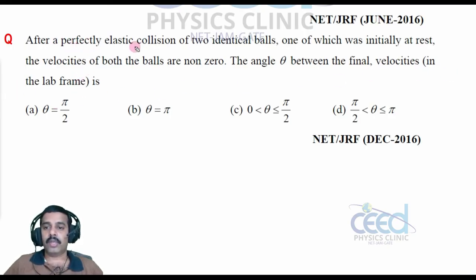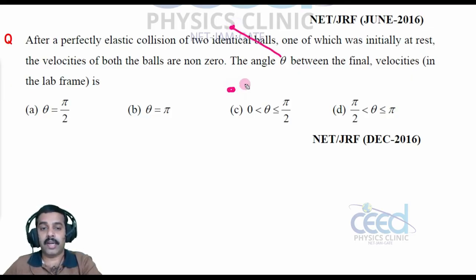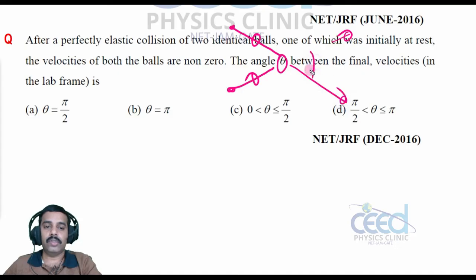So after a perfectly elastic collision of two identical balls, one of which was initially at rest, what I can say is, suppose initially there is an angle between these two, and after collision also there is an angle between these two. This collision is perfectly elastic. Here suppose this is theta 1 and theta 2.